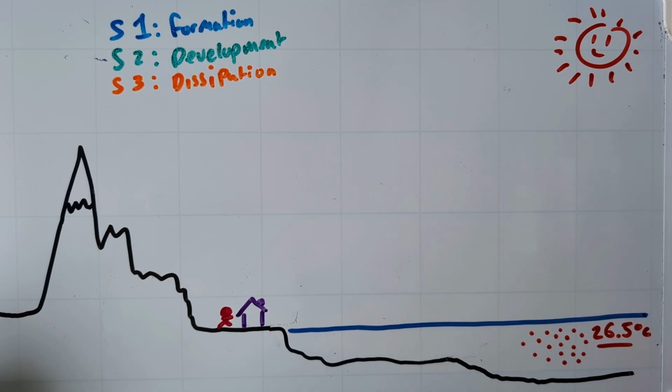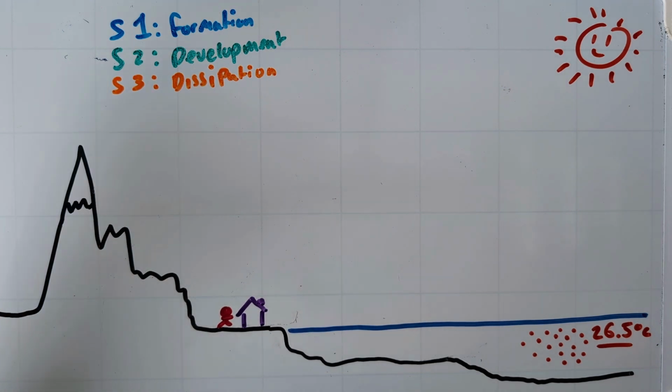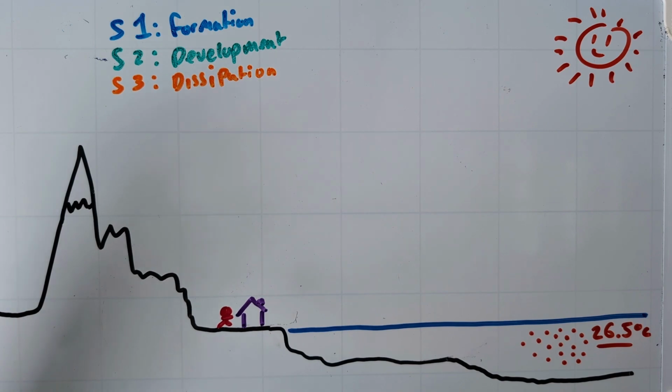The other thing you need to know in terms of the formation is that we need, at this point, calm conditions and low winds, so it doesn't break up the hurricane or cyclone or tropical storm. We also need to know that this happens in the tropics. So the tropics being between the Tropic of Cancer and the Tropic of Capricorn, so basically along the equator, okay?